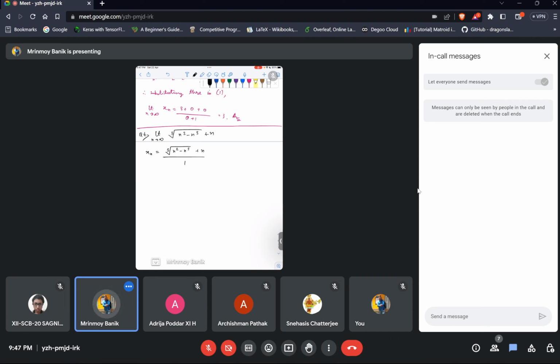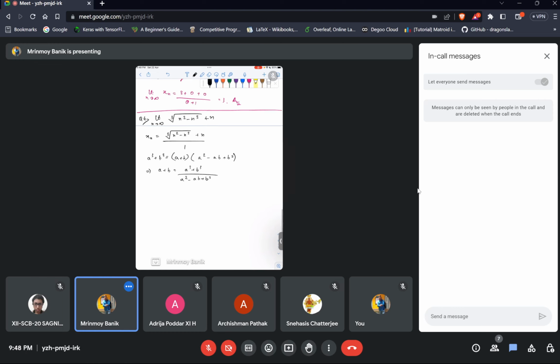So if we use the formula a cube plus b cube equals a plus b times a squared minus ab plus b squared, then we will be able to write a plus b as a cube plus b cube over a squared minus ab plus b squared. So let's plug in a equals cube root of n squared minus n cube and b equals n.